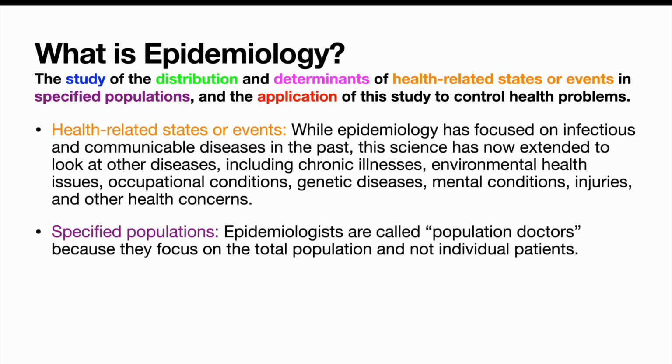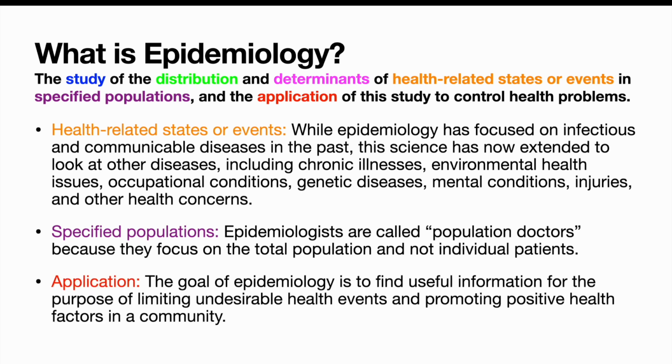So those would be the specified populations. Finally, we have the application. So the goal of epidemiology is to find useful information for the purpose of limiting undesirable health events and promoting positive health factors in the community.